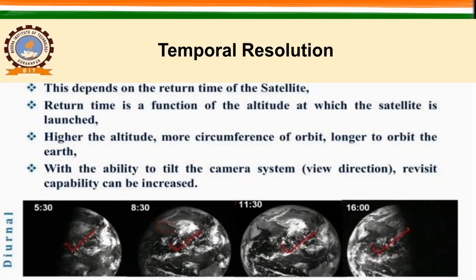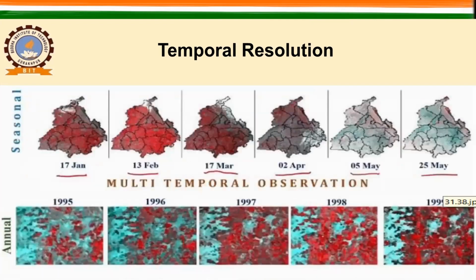With the ability to tilt the camera view, revisit capability can be increased. Okay, and to explain, I have shared one example where areas have been captured at 5:30, then 8:30, 11:30, and at 4 p.m. I will also show you one more example.